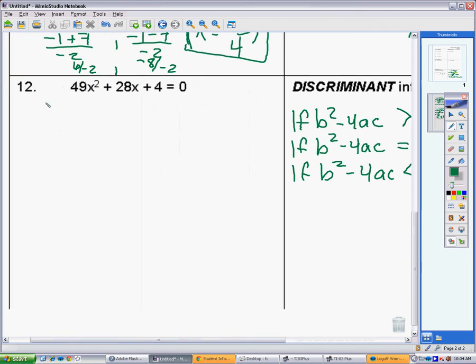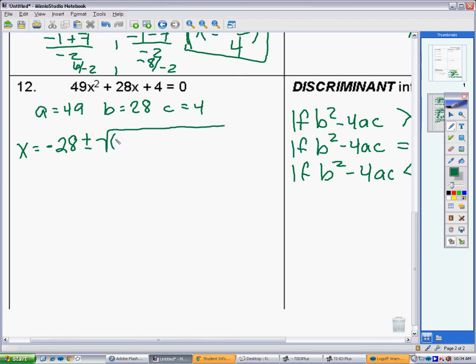Number 12. A is equal to 49, B is equal to 28, C is equal to 4. X is equal to negative b, so that's negative 28, plus or minus the square root. We're going to have 28 squared, and I put parentheses, I didn't have to. 28 squared minus 4 times 49 times 4 all over 2 times 49.